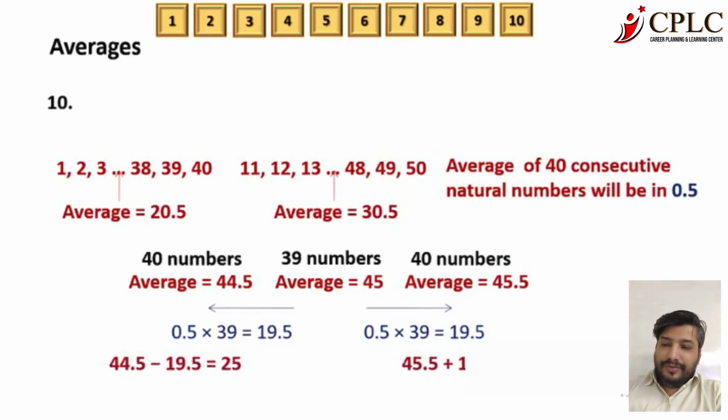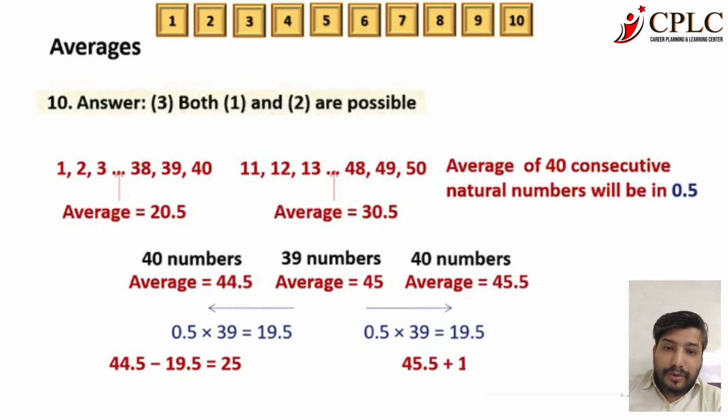So if you subtract 44.5 minus 19.5, you get 25 as the number, or if you add 45.5 plus 19.5, you get 65 as the number. So the number can be either 25 or 65 depending on which number you are erasing.